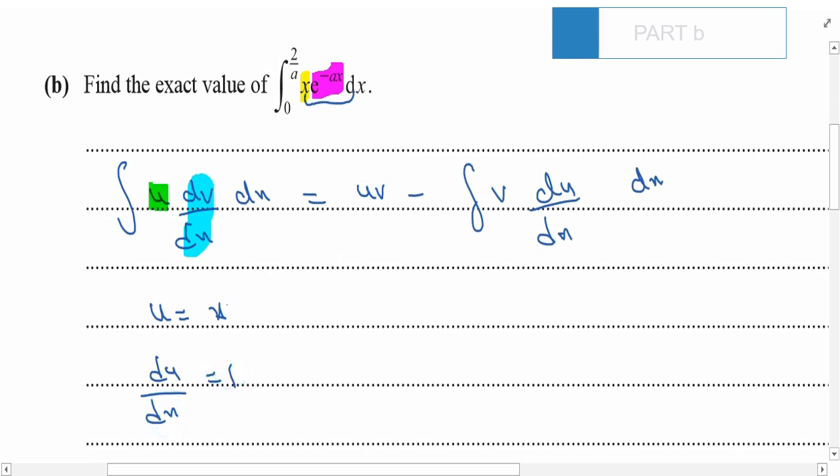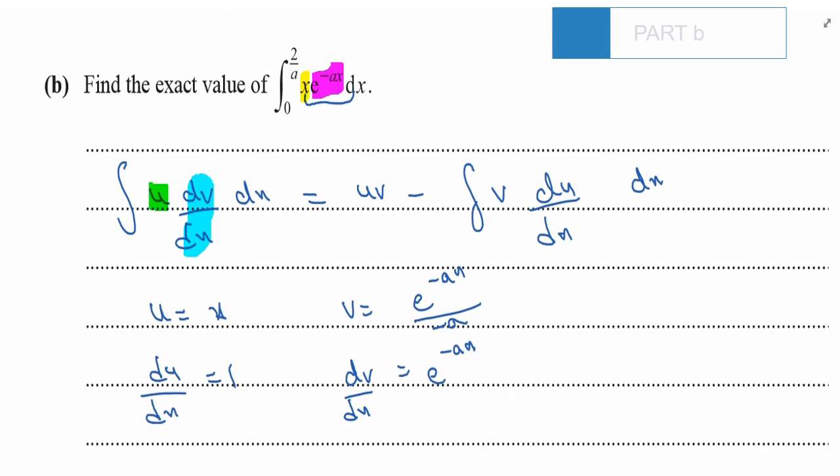If u was x, then dv by dx would automatically become e to the power of minus ax. Then v becomes e to the power of minus ax divided by minus a.